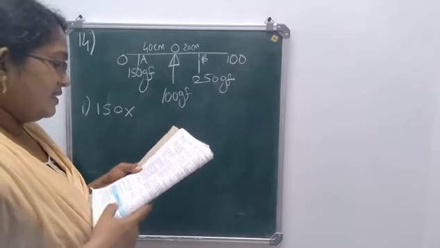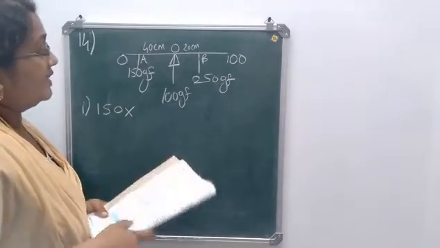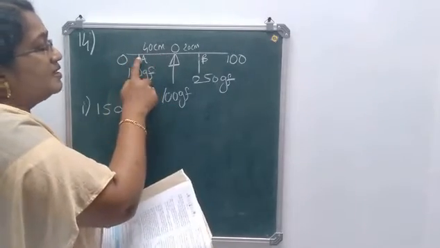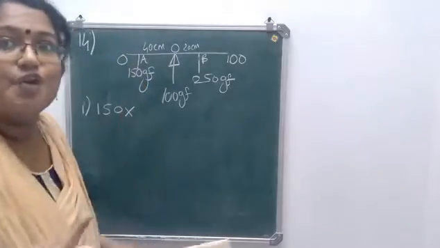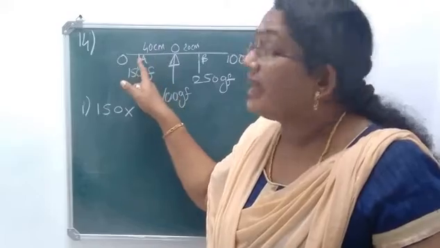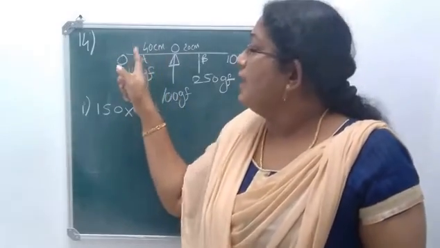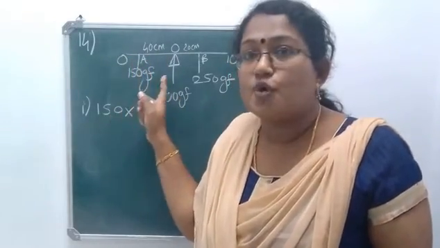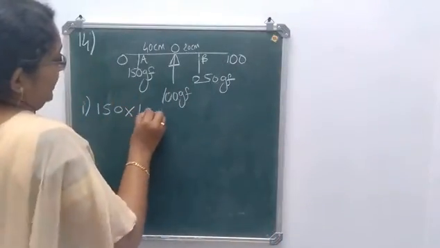So here the distance given is from the center to this point is 40 centimeter. We don't want to find that distance. We don't want to separate because directly they have given the distance between the point of application of force and the pivot. So it is 150 into 40.